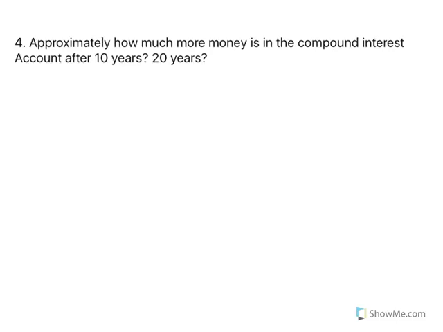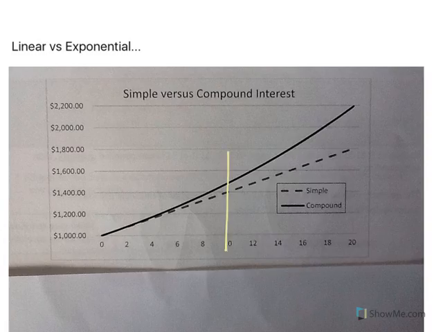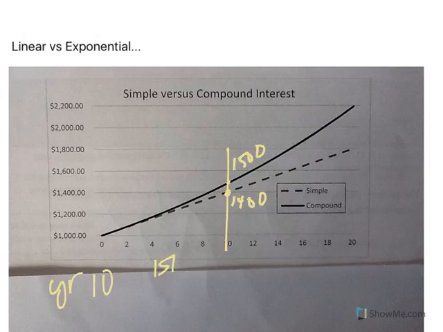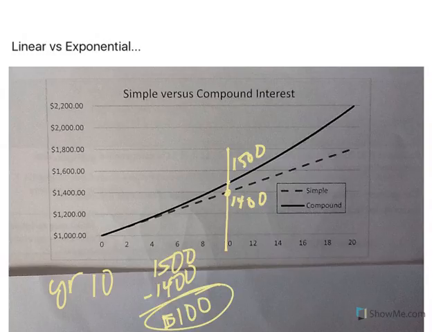Okay? Now, we're going to use this table to approximate the difference between 10 years and 20 years. So, at 10 years, which is here, simple interest is at about $1,400. Compound, I would say, is closer to $1,500. So in year 10, we would take $1,500 minus $1,400, and the difference is approximately $100 between simple and compound.